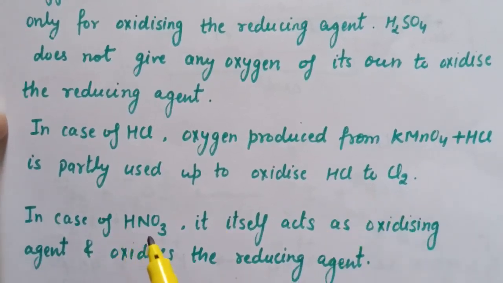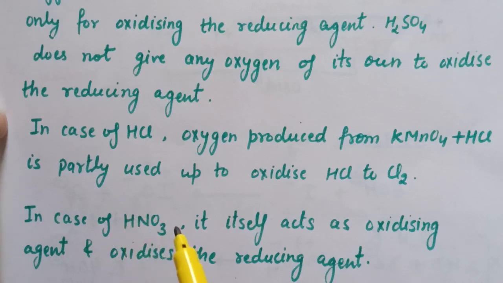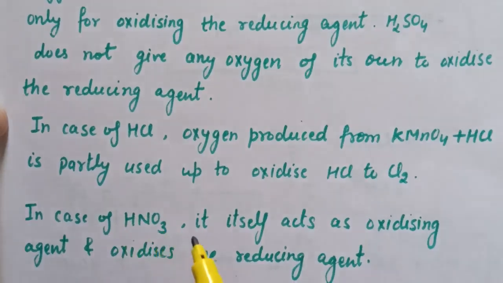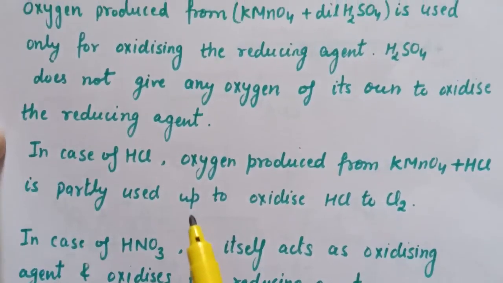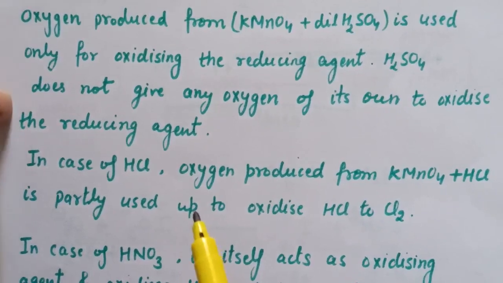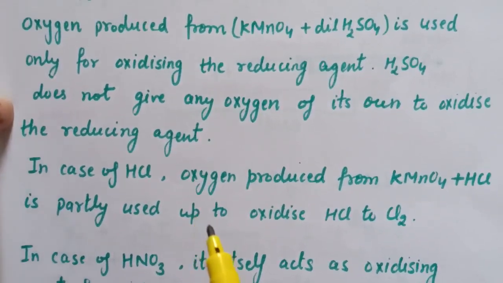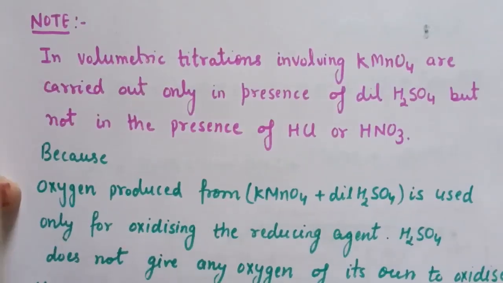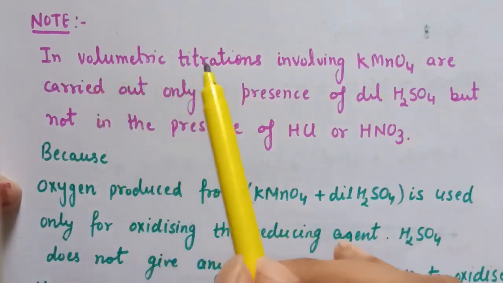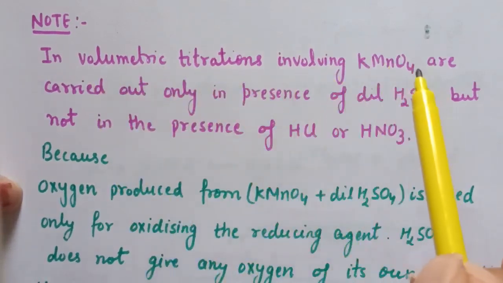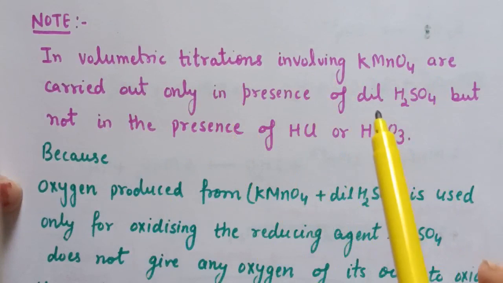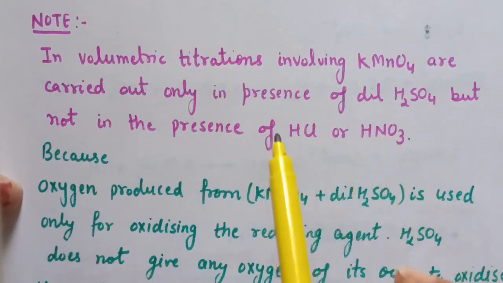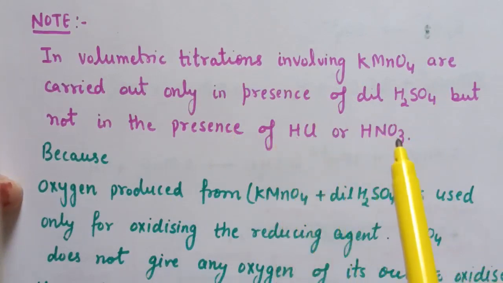And in the case of HNO3, HNO3 will itself act as an oxidizing agent and oxidize the reducing agent. That is why we cannot use HCl and HNO3. We can only use dilute H2SO4 in the volumetric titration involving KMnO4. So this is the note: in volumetric titrations involving KMnO4, only dilute H2SO4 is used, but HCl and HNO3 are not used.